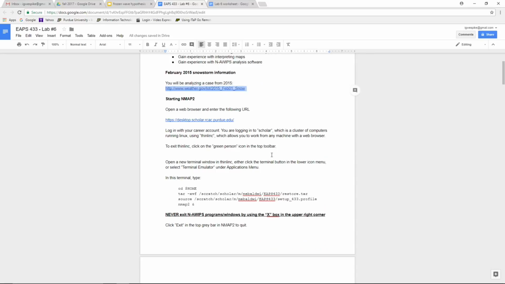The data are available through the Scholar computing system.